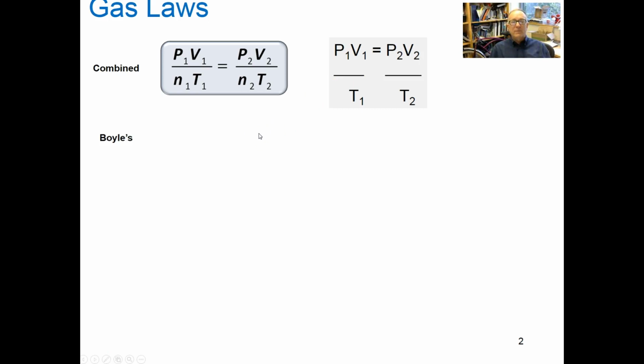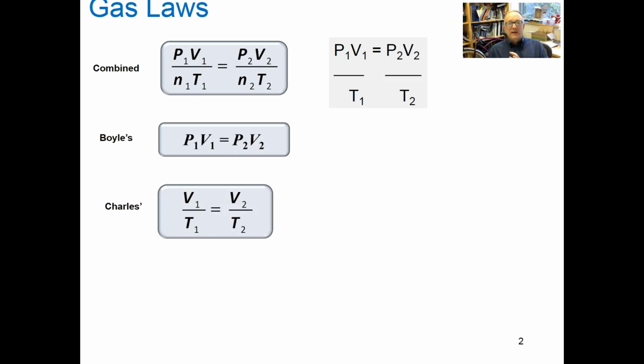Boyle's law says that you've got a constant number of moles and you're holding the temperature constant. And so P1V1 is equal to P2V2. That's Boyle's law. Charles's law says with a constant number of moles at constant pressure, V1 over T1 is equal to V2 over T2.